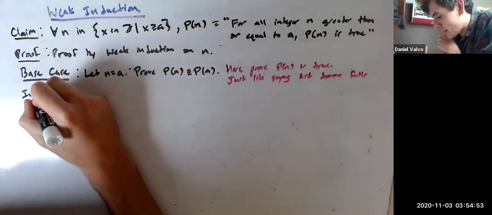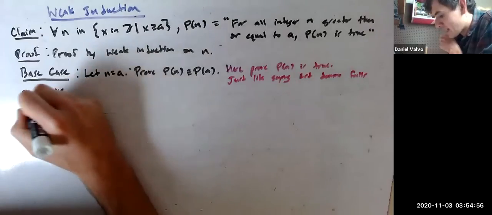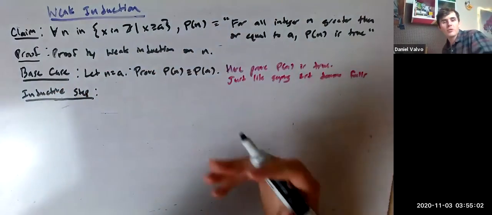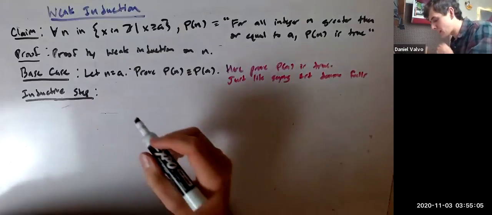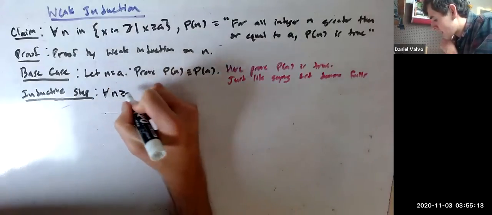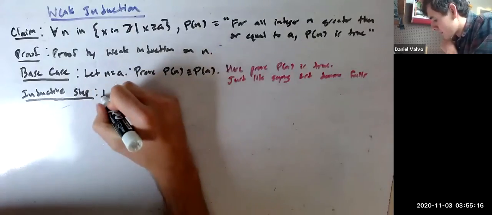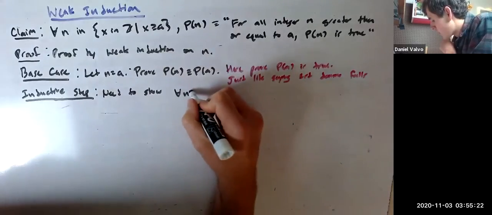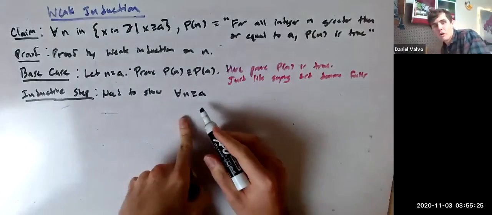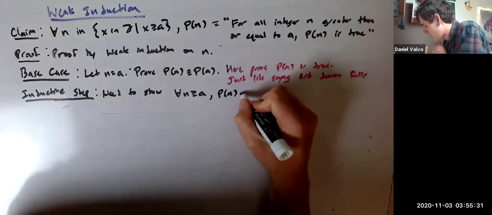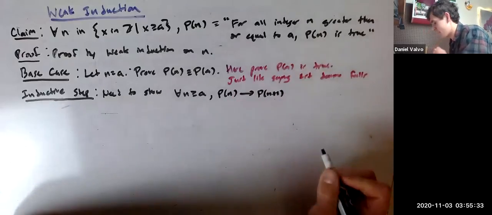And then next you have the inductive step. So the base case kind of sets everything off. But now we need the inductive step to prove the chain reaction works. And so the inductive step goes like this. It says, we want to prove, we need to show that for all integers n greater than or equal to a, P of n implies P of n plus 1.